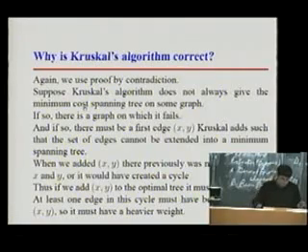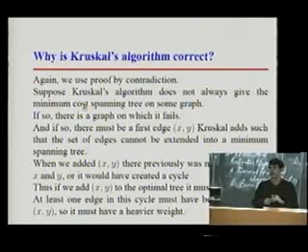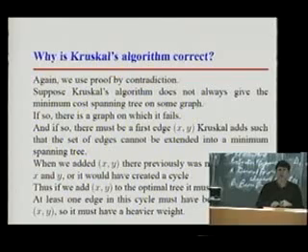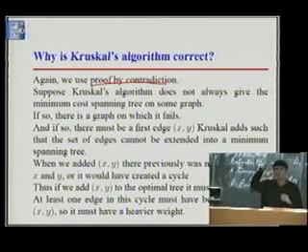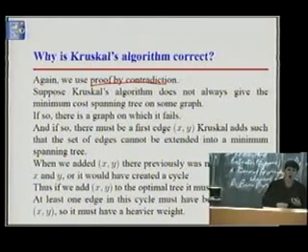It's something quite analogous to the idea of the previous proof of correctness. So if you didn't like the previous proof of correctness for Prim's, we're going to use the same kind of idea for Kruskal's. So let's look one more time. The idea is proof by contradiction. What does proof by contradiction mean? Assume it is wrong. Kruskal's algorithm is wrong.